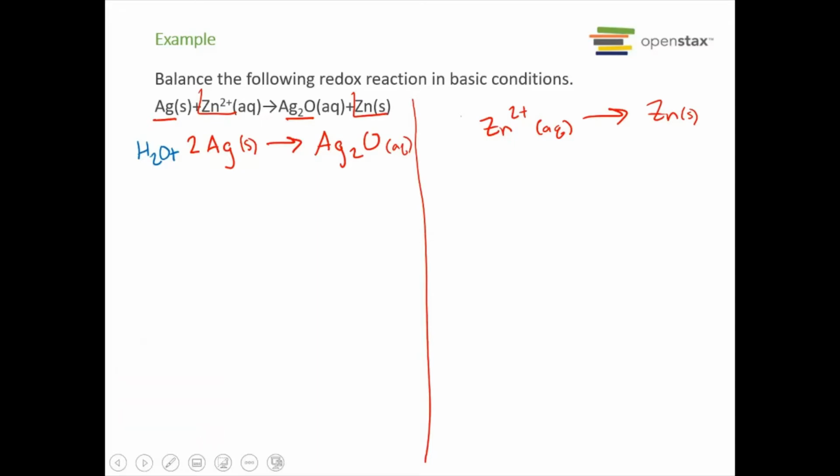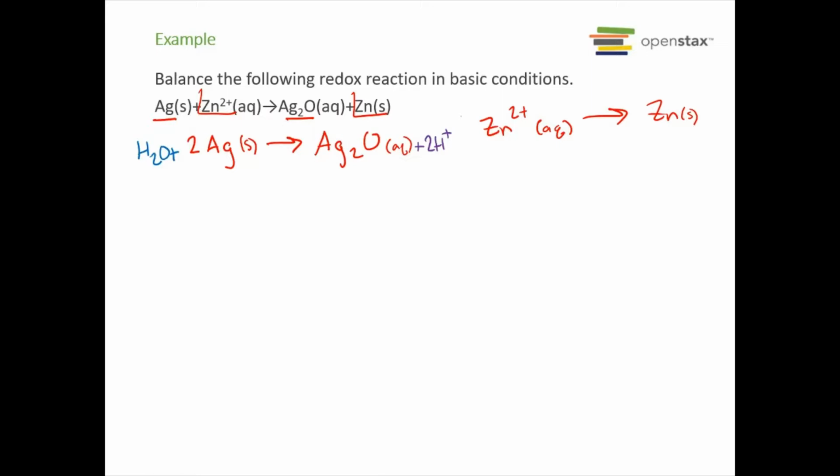And then we need to add hydrogen, or H plus, to balance out oxygen. Let's see, I'll move that over later. So this is going to need 2 H plus. All right, we are cooking now.